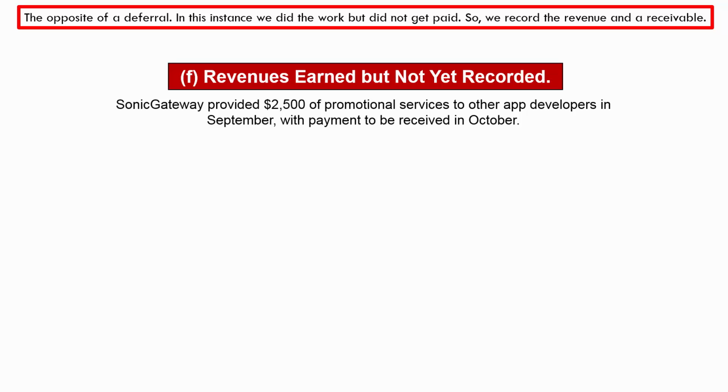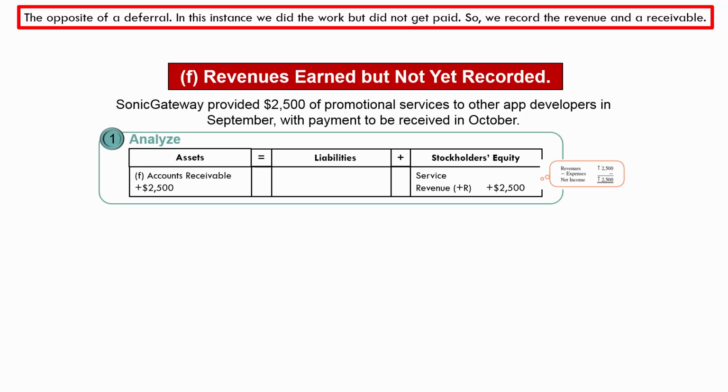We can also provide services. By performing services, we can earn revenues and not get the cash in yet. So it's the opposite of deferral. In this case, we are going to record an accrual. This is something probably you've seen before. It's an account receivable.